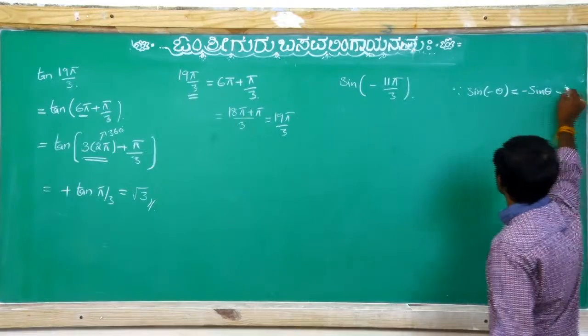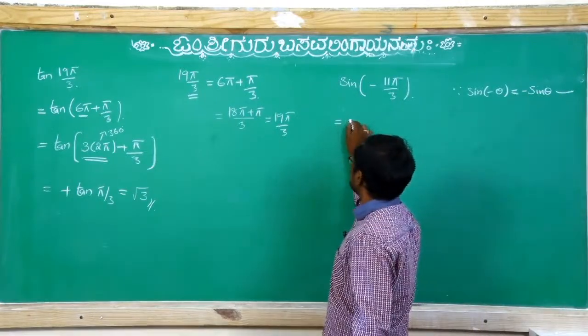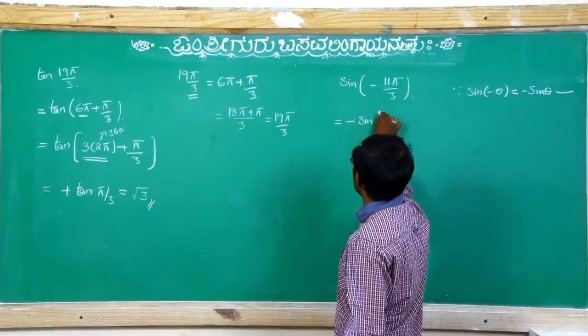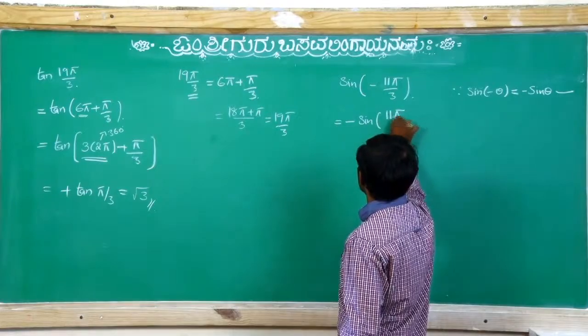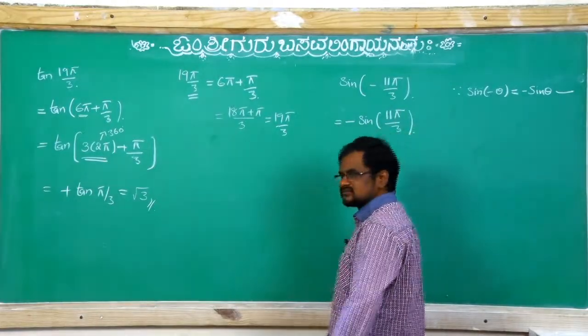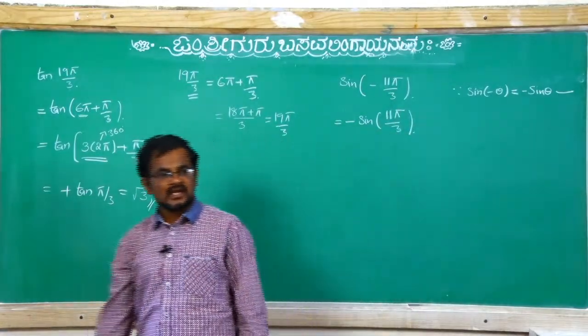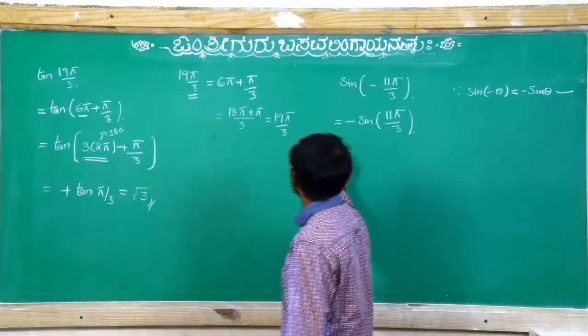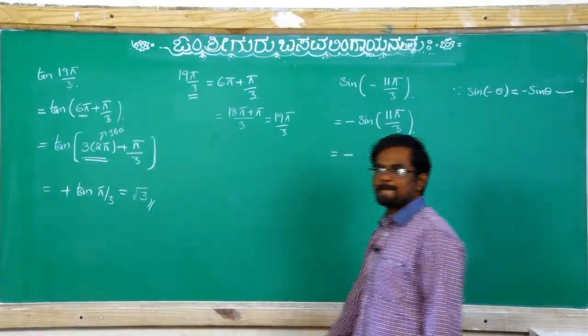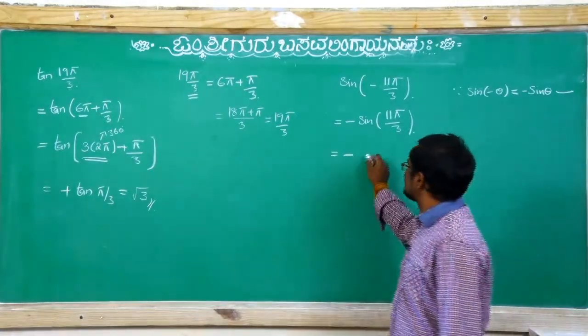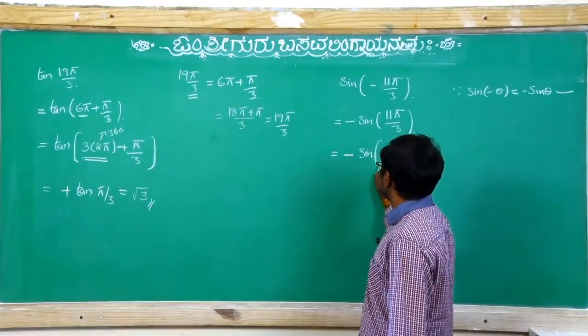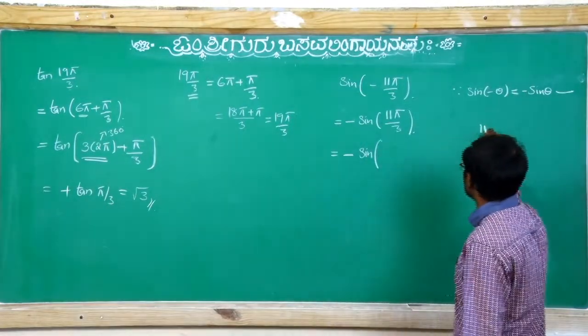Minus sine theta. Apply this formula, that is equal to minus sine of 11 pi by 3. Can you write? After that what we have to do? Minus sine of 11 pi by 3 is there here.